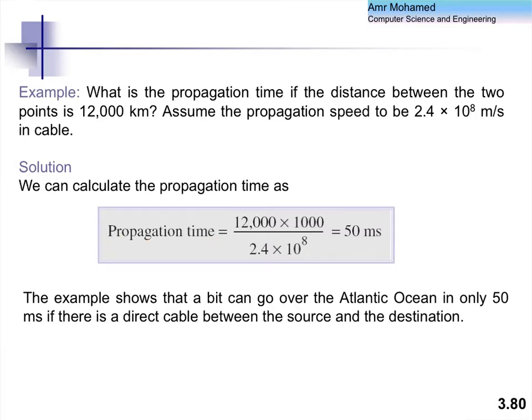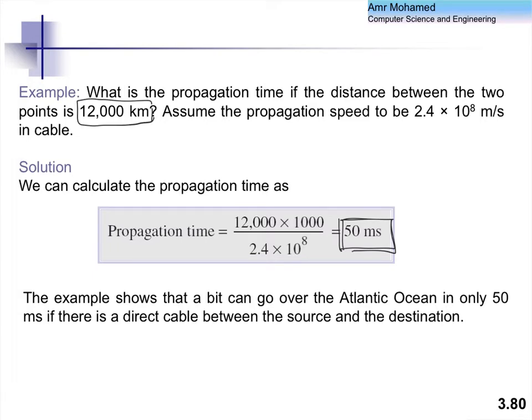In that case, the propagation delay is 12,000 multiplied by 1,000 to convert it to meters, divided by the speed, 2.4 times 10 to the power 8, which is 50 milliseconds.